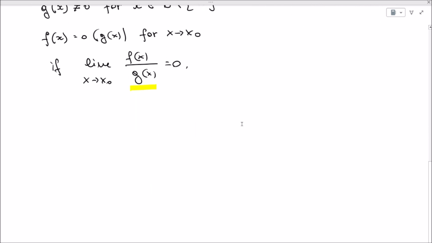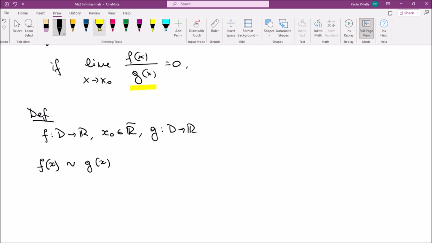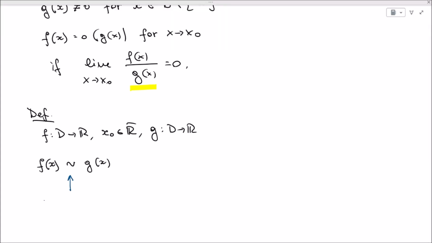Let's now give the definition of asymptotic equivalence, which was the other concept relevant for us. So definition, again, the same setting. We have f defined from D to R, x naught in the extended real line, g defined in D with values in R, and we say that f of x is asymptotically equivalent to g of x. This symbol stands for asymptotic equivalence.